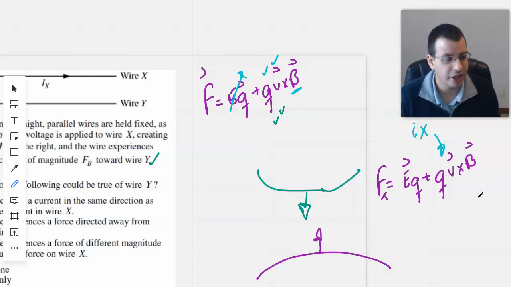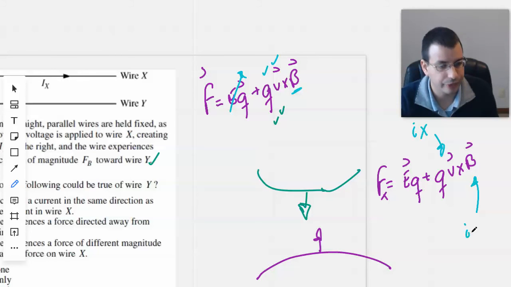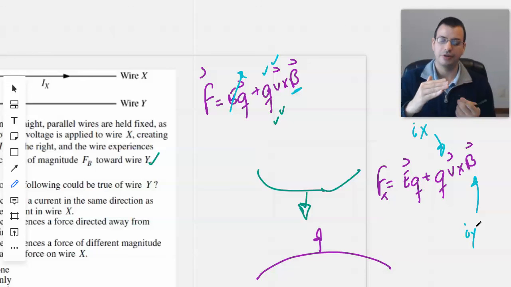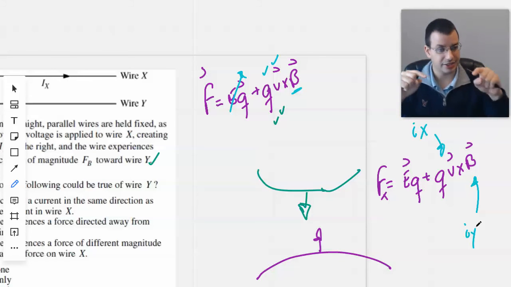And the B, the magnetic field, happens to do with the current from Y. Because the stronger the current is through wire Y, the stronger the magnetic field is going to be around it, and the stronger the magnetic field is going to be where wire X is.